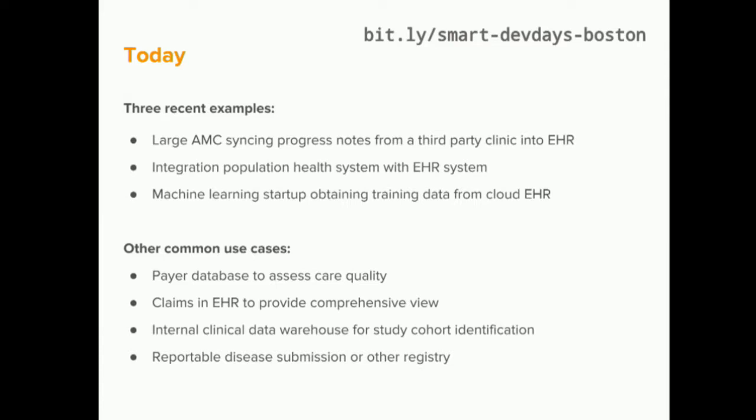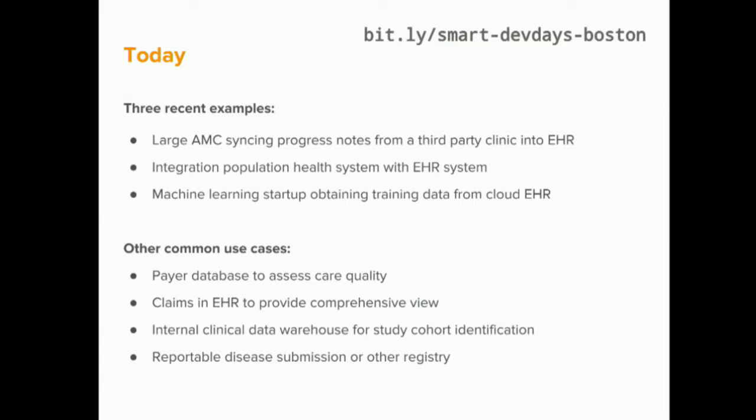And there are a lot of other use cases. One use case that the federal government in the US, the Office of the National Coordinator, is really interested in is enabling payers, and in this case, insurance companies and employers who pay for healthcare, to assess the quality of the healthcare that their constituents are receiving. And so they really want a way to be able to get a data set on all the care that all the people in their plan or in their system have received.